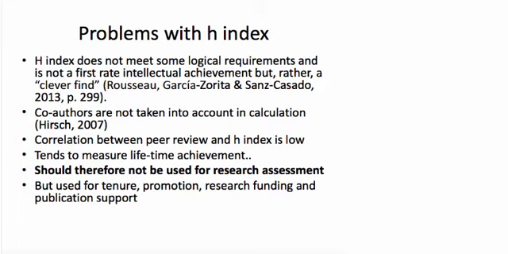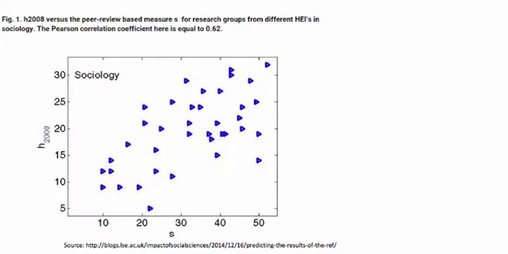Even Hirsch himself admitted that in the original formula, co-authors are not taken into account. So if you write several papers with co-authors, your H-index could be much higher than the ones who like to write in solitude or single authorship.